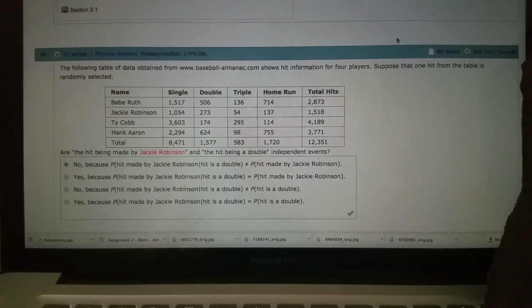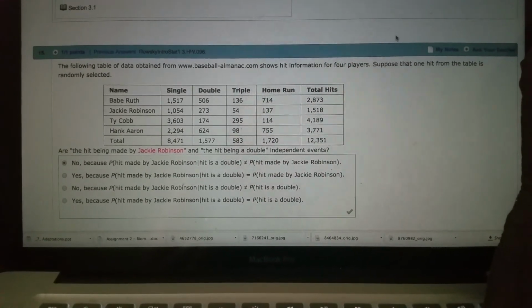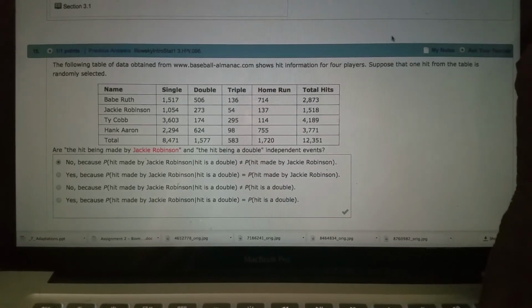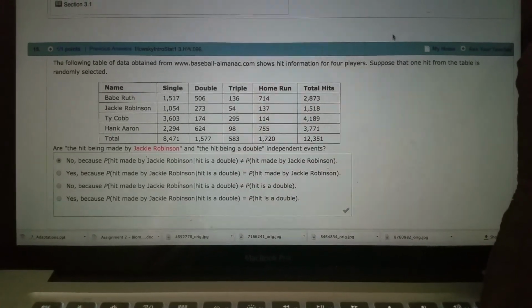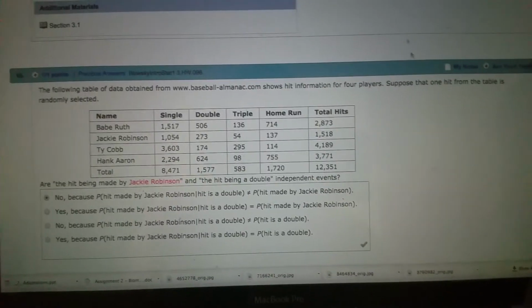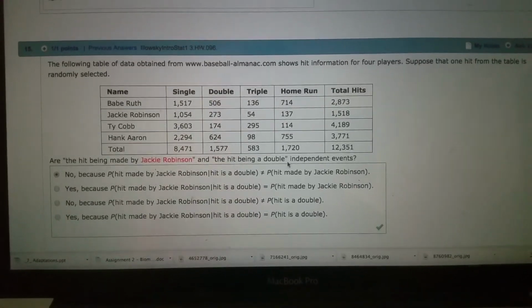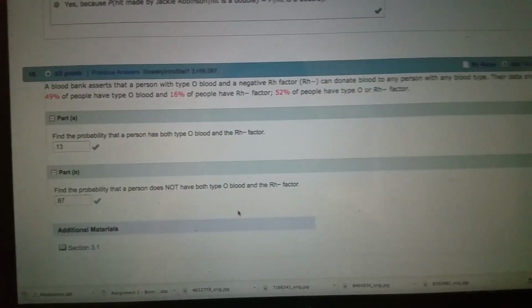And the answer is no, because the probability of a hit made by Jackie Robinson, given that the hit is a double, cannot equal the probability of the hit made by Jackie Robinson. Okay, I won't even lie, I don't even understand that. But that's the answer. So okay, we'll continue on the next video for the rest.